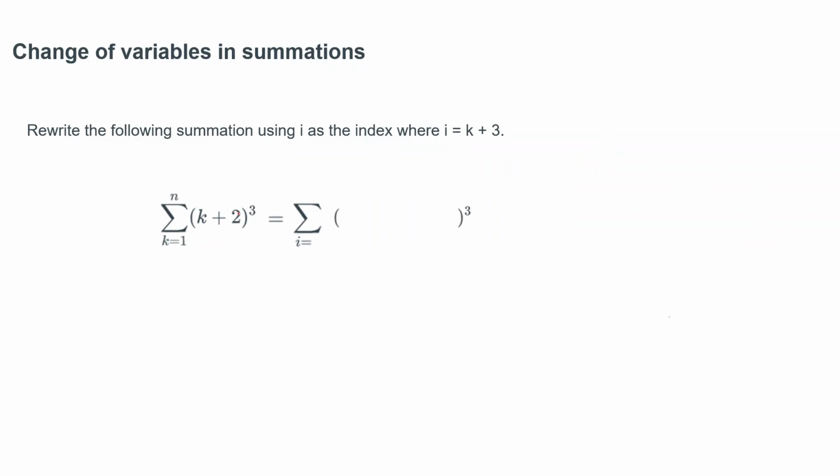Okay, what if I want to rewrite the summation, but instead of using K, which is how it started, I want to use I, where this specific relationship is true: I is equal to K plus 3. So on the summation down below, instead of saying K equals 1, I'm going to say I equals something.